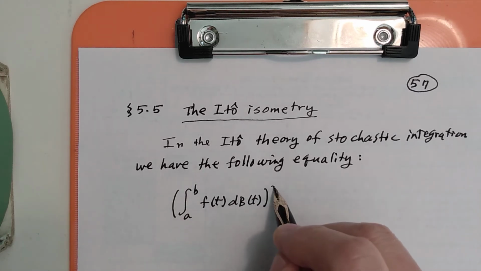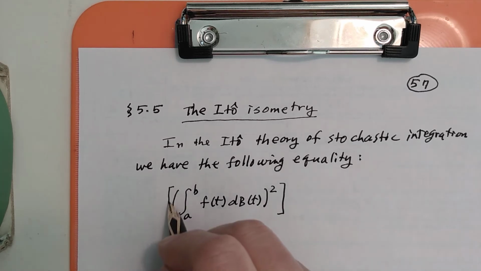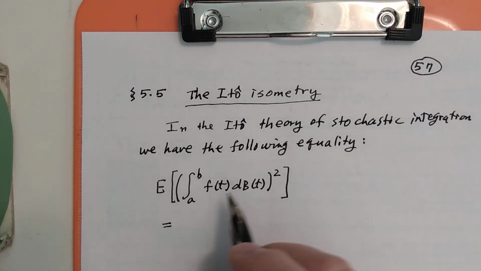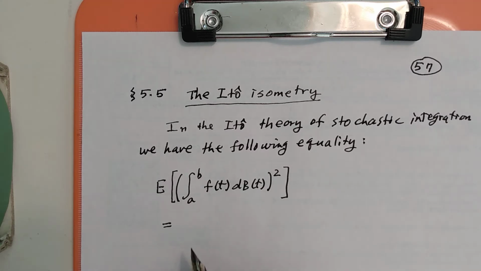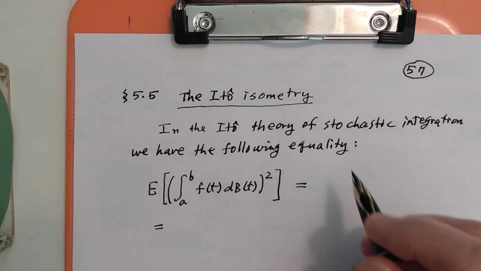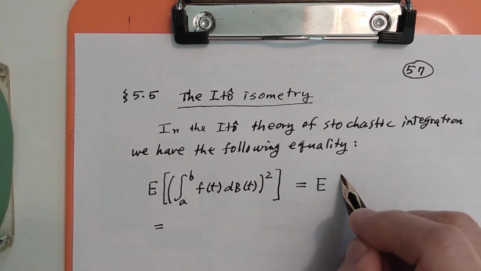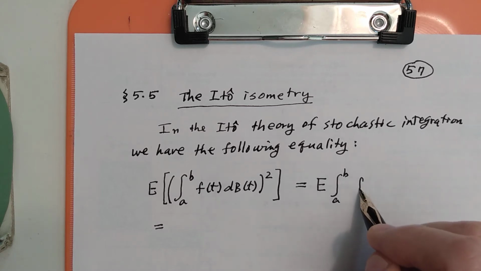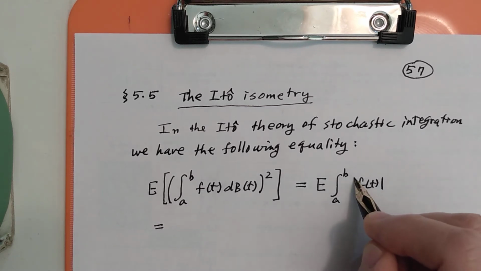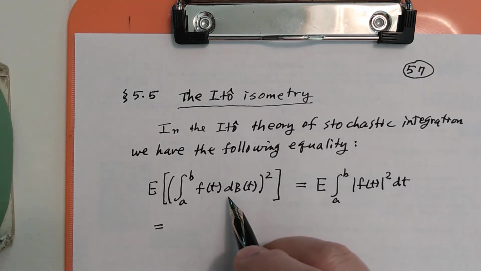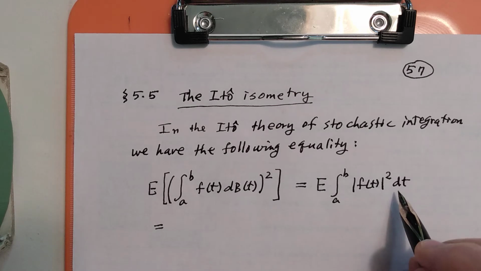And then we take square, and then we take expectation. The equality says that the left-hand side equals the expectation of the integral from a to b of |f_t|^2 dt. Note that here is dB_t, here is dt.